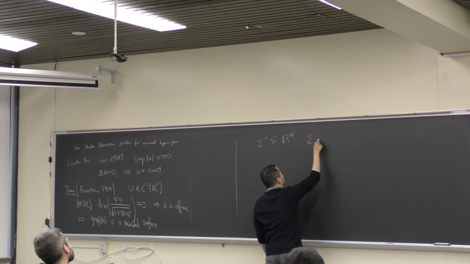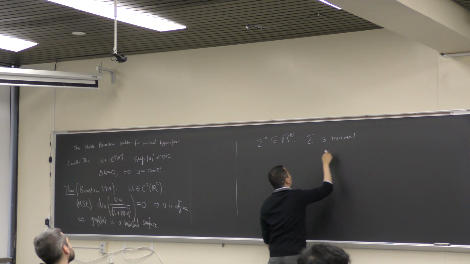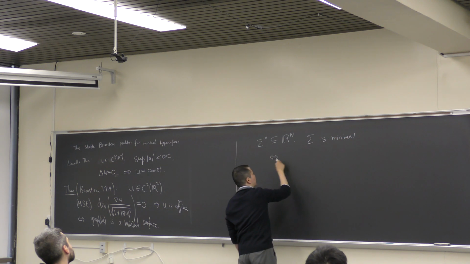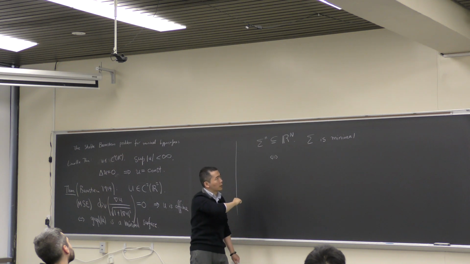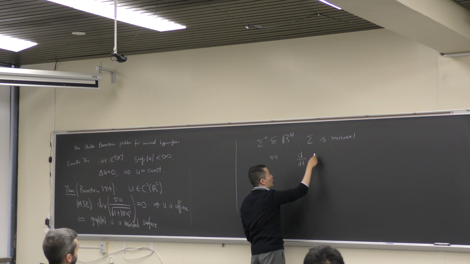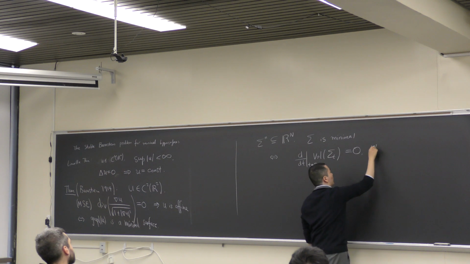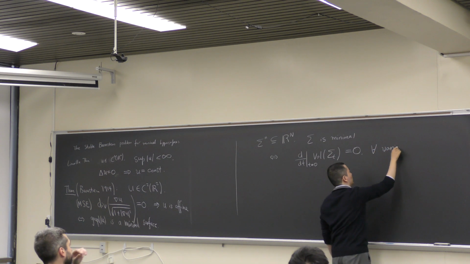Then Sigma is called minimal if and only if Sigma is stationary for the area functional. That is, for any variation of Sigma, d/dt of the volume of Sigma_t at t equal to 0 is 0, for every variation.